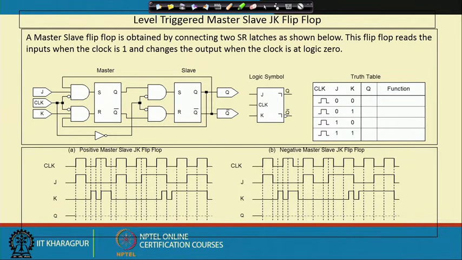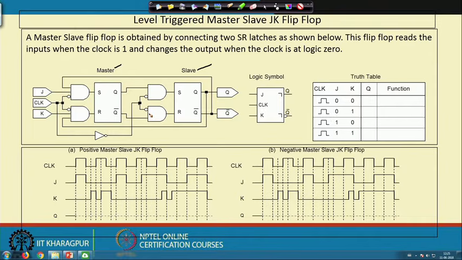Instead of that, we can use two such JK flip flops, and one is called the master flip flop and the other the slave flip flop. The master flip flop operates when the clock signal is high, and the slave operates when the clock signal is low, because there is an inverter connected like this.